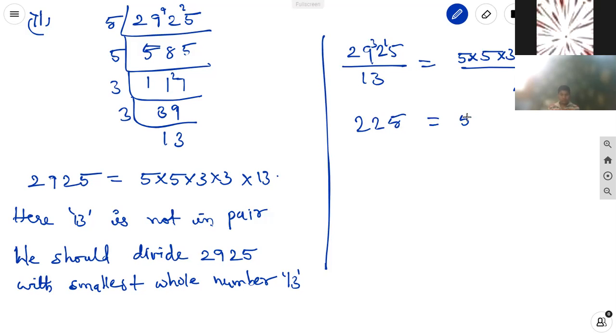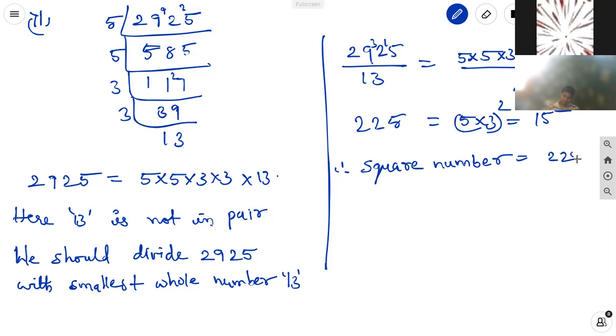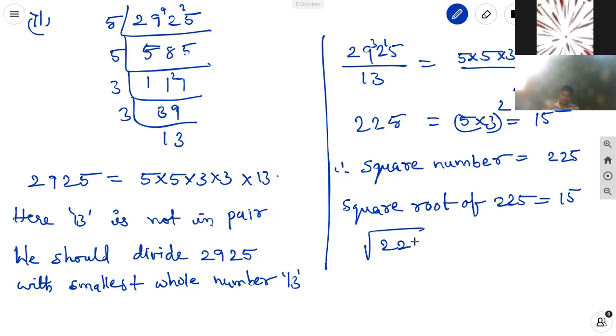It is equal to 5 into 3 whole square, which is 15 square. Therefore, the square number is 225. The square root of 225 is equal to 15. That is the solution.